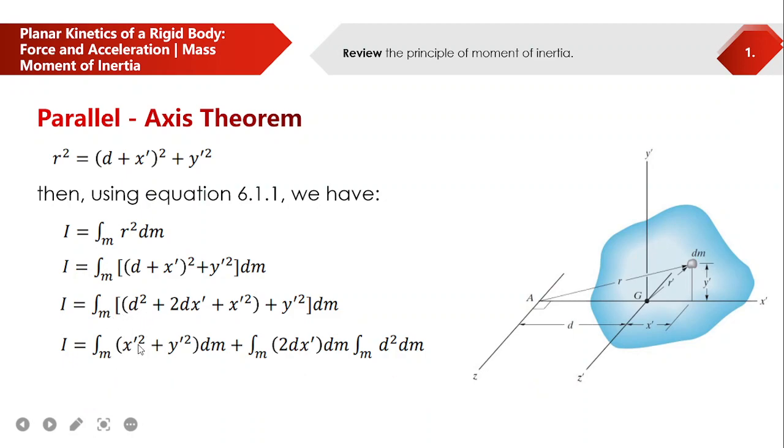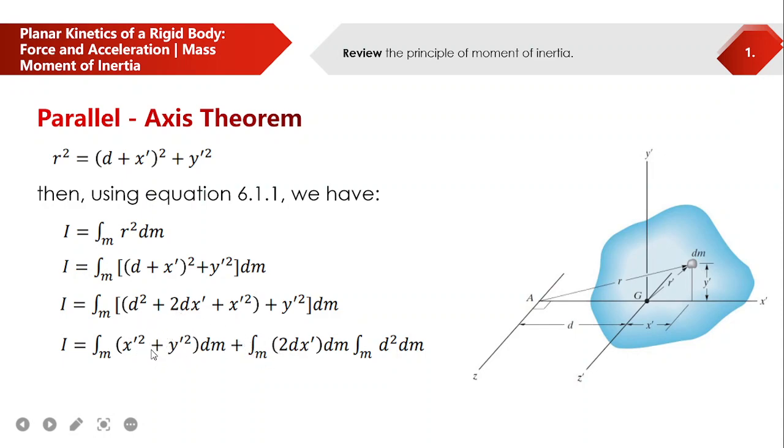So that will be the integral of x prime squared plus y prime squared dm, plus the integral of the second term, 2d x prime dm, plus the third term, d squared dm. We group x prime squared plus y prime squared together because it has a value later.